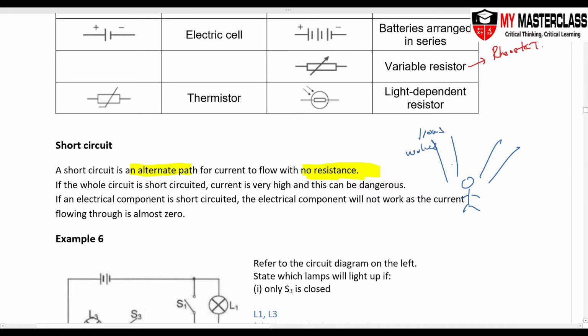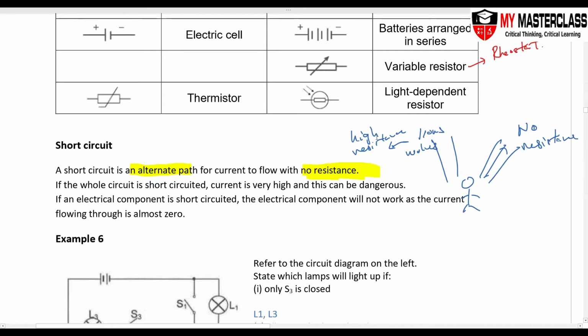You would rather not walk this way because this way has high resistance, right? Instead, you want to choose to walk the other way where there is no resistance. And when there is no resistance, it's better for you to walk this way, so you would choose to walk that way. And same thing for current.